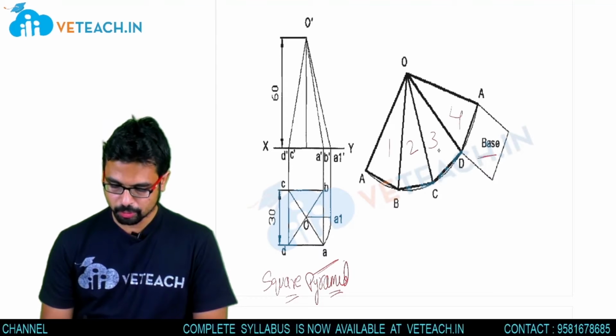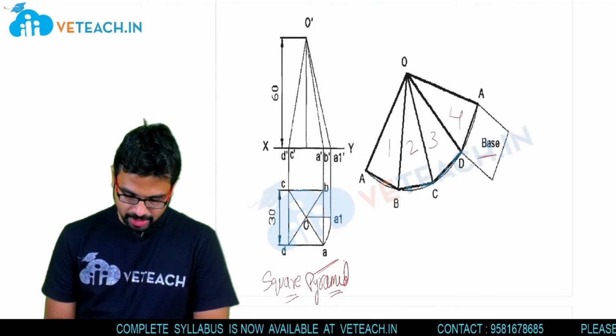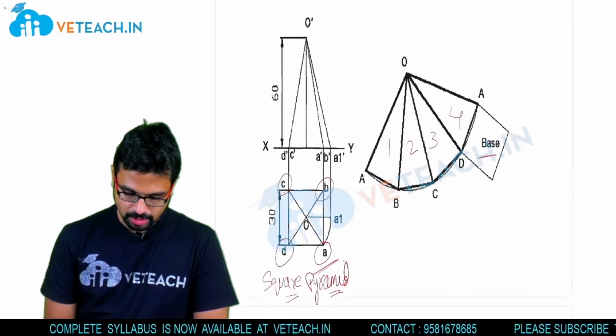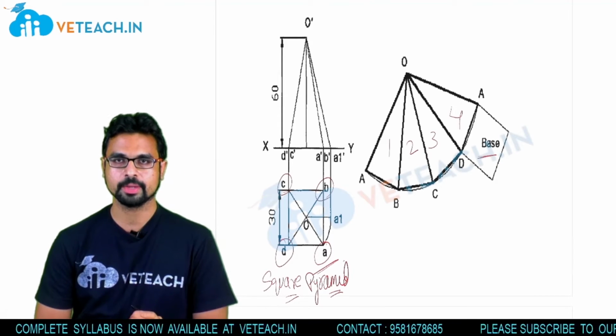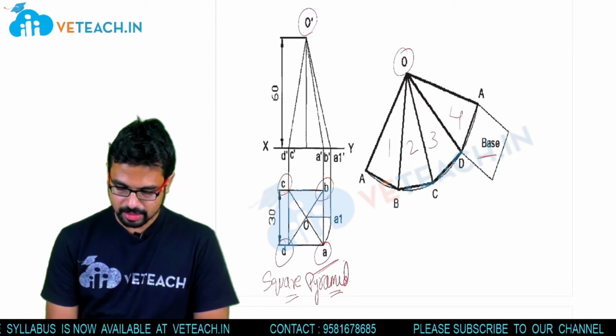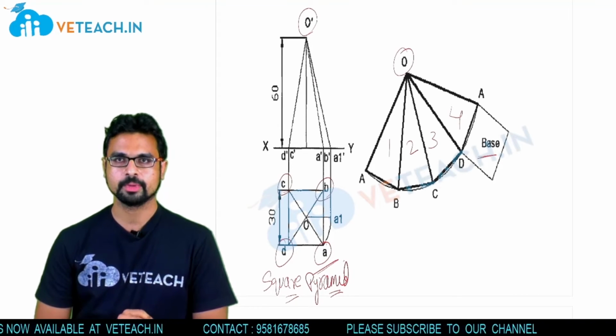These 4 are the lateral surfaces of the square pyramid. Here we have A, B, C, D, the 4 corners of the square pyramid, and this is the apex. These 4 are the lateral surfaces and the edges of the square pyramid.